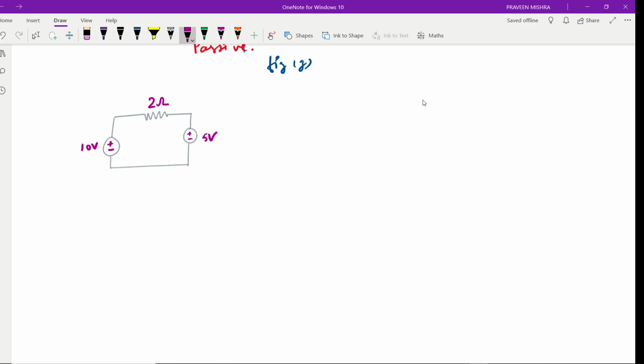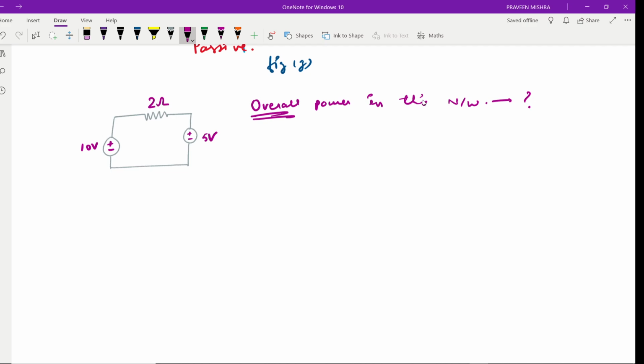Then your objective is: what will be the total overall power in this network? What will be the value of this?